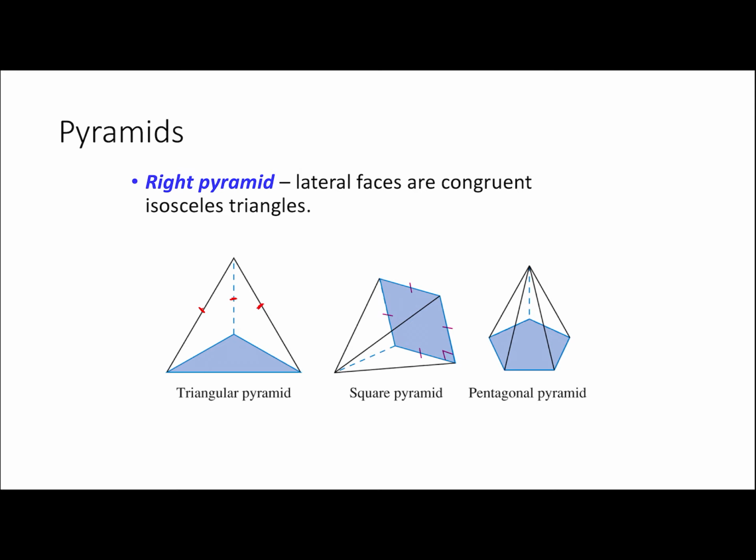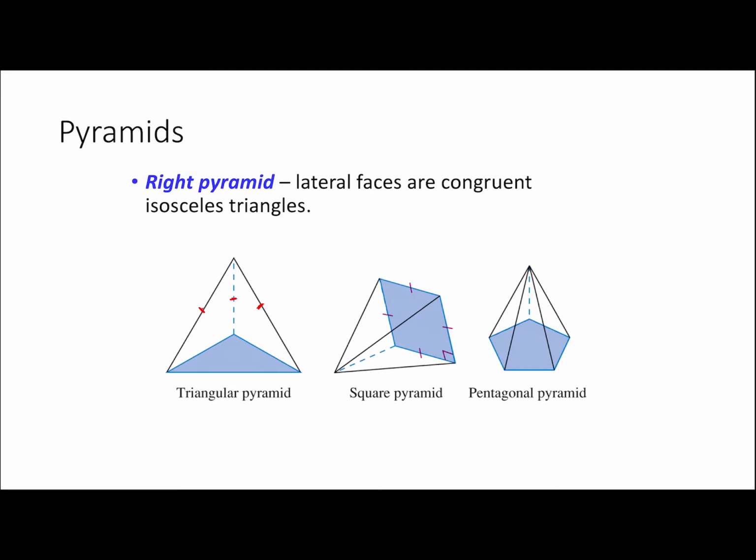So in this case, this side and this side would be congruent, and this side also would be congruent to those. And so when all those edges are the same length, they're congruent, then we have what we call a right pyramid.